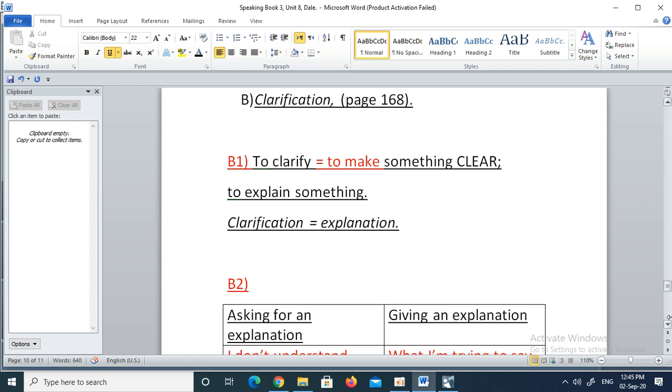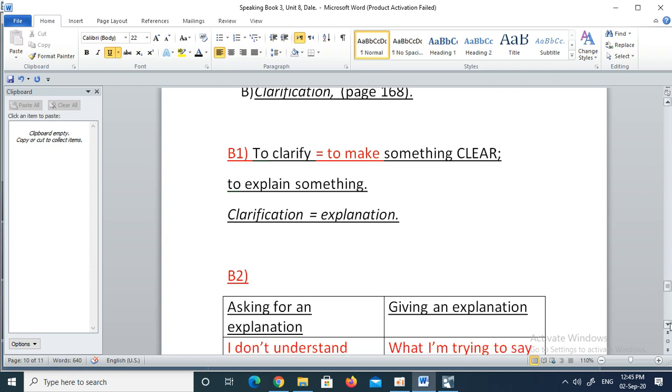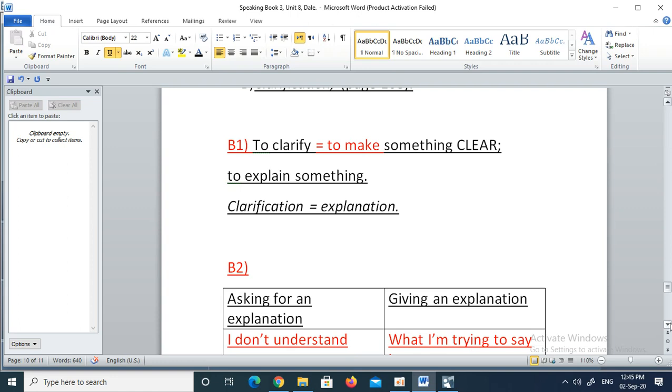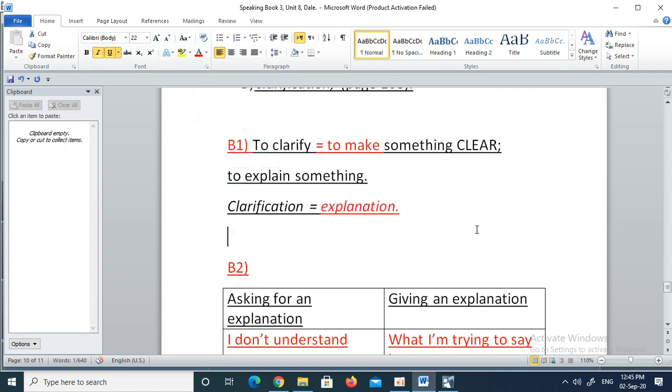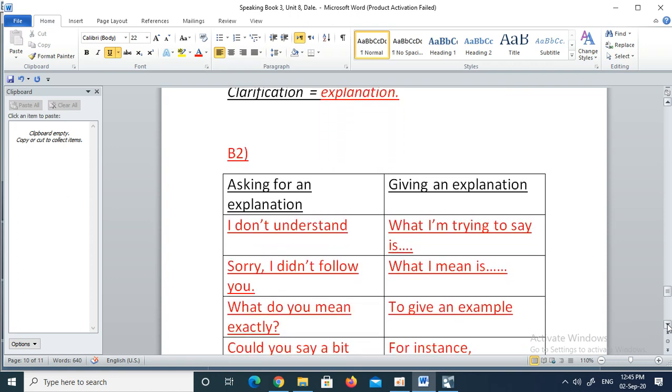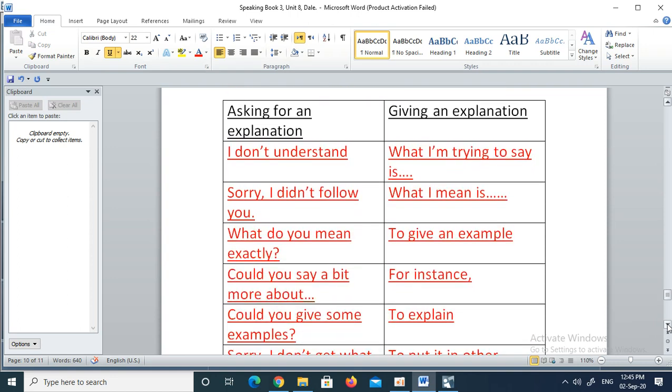And there are certain phrases the other person can use to let me know that he is going to give me an explanation. All right. So if something is unclear for me, I can ask for an explanation by saying something along these lines.